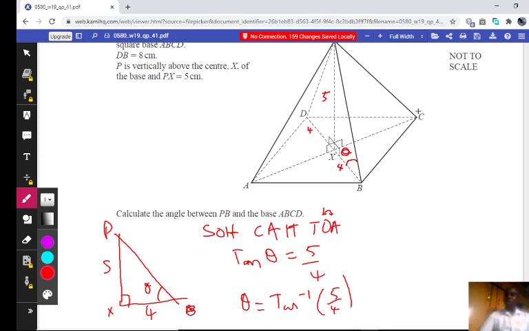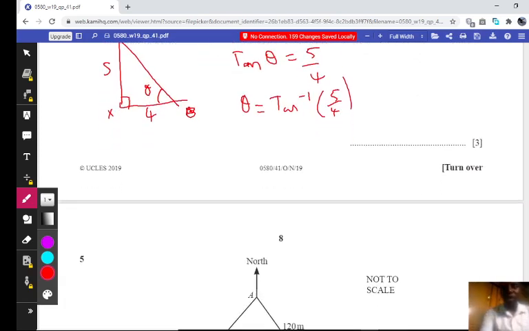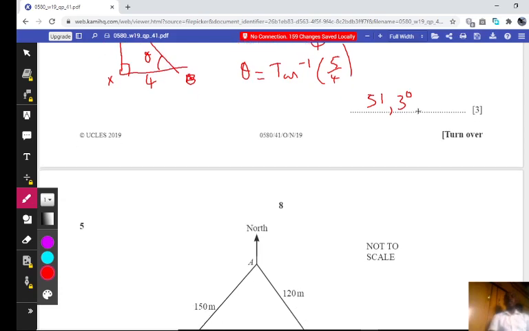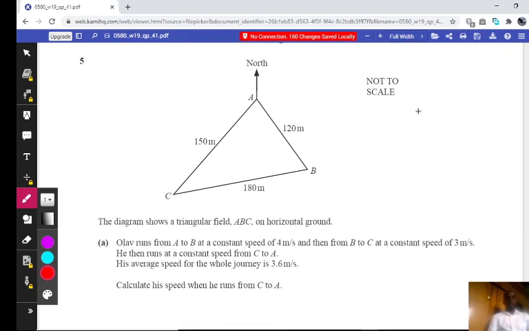Remember, angles are supposed to be to 1 decimal place. So it's 51.3 degrees. That's the final answer. Then you are done.